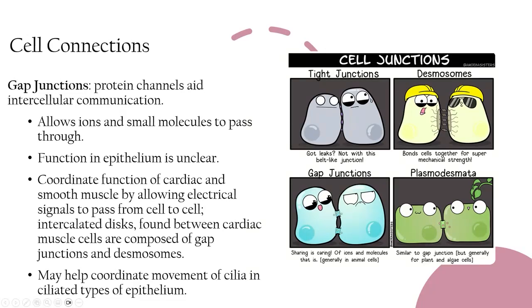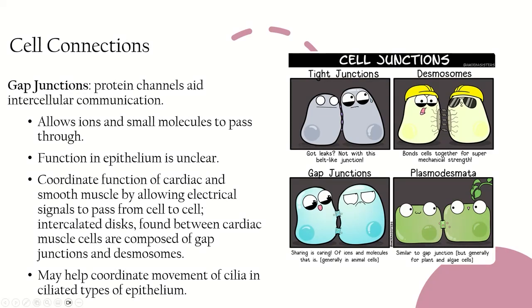Now, in cardiac cells and muscle cells, they actually allow electrical signals to pass from cell to cell, which is good because you want the contraction signal in the heart to move from the top of the heart to the bottom of the heart, right? So that's important there, and that's an example of why you would have that. And then they may help move cilia, again, not exactly sure.